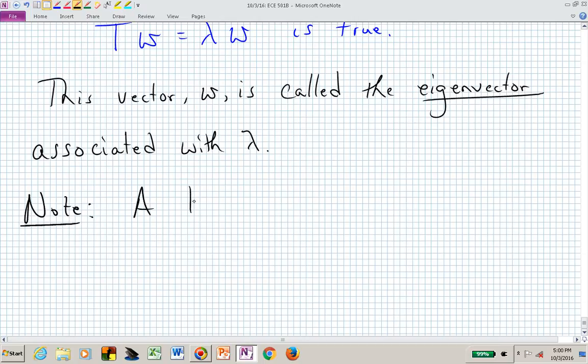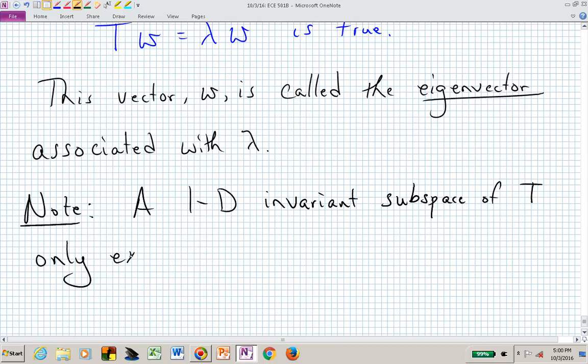Note, a one-dimensional invariant subspace of our linear map T only exists if T has an eigenvalue.